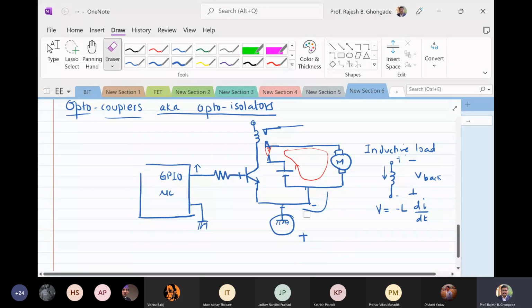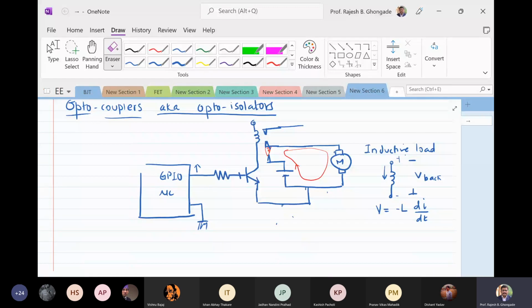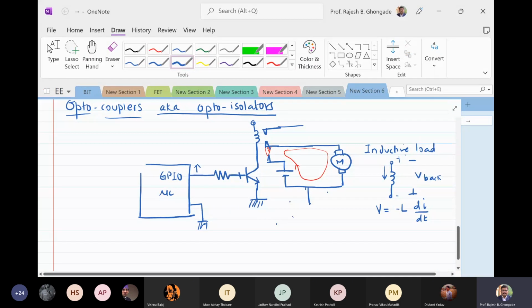So somehow we want to isolate this. What is the best method of isolation? The simple or best method of isolation is that we can have separate grounds or return paths. So instead of having the same return path, I can simply have separate return paths. If I mark it like this and mark it like this, these two are separate grounds.